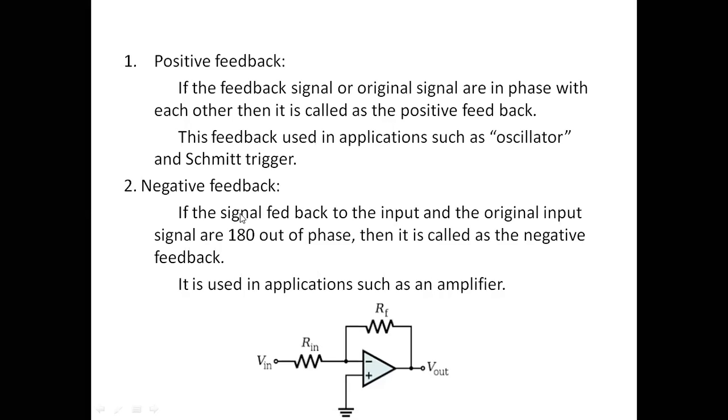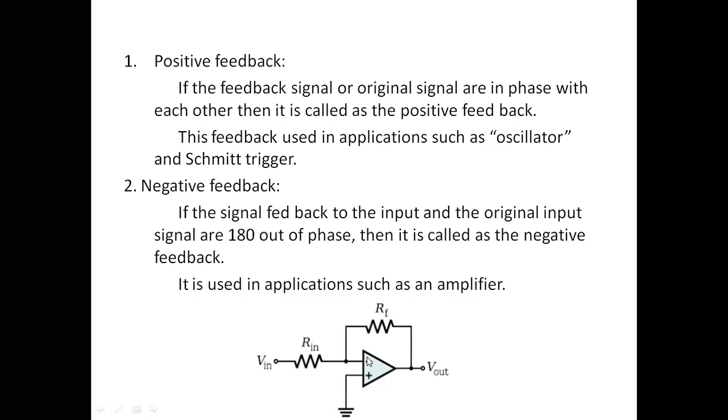And if we are feeding back from output to input, but here the input signal and the feedback signal are 180 degrees out of phase, at that time we call that type of amplifier a negative feedback amplifier. If you see here, we are connecting the output to the input with a 180-degree phase shift.